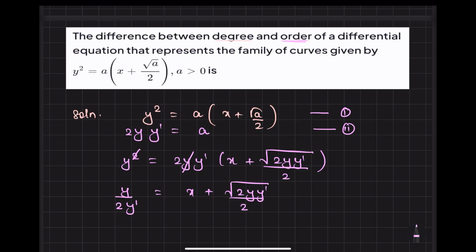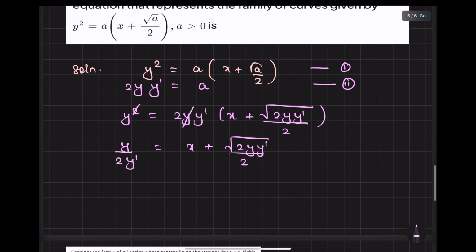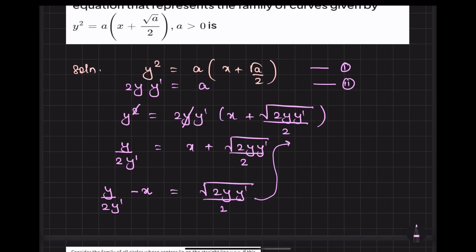Now I will ask x to come this side. So we got y by 2y dash minus x is equal to root 2y y dash by 2. Now, to get rid of this square root, we have to square both sides. So we will be left with what? On the left hand side, we will be having a minus b whole square.